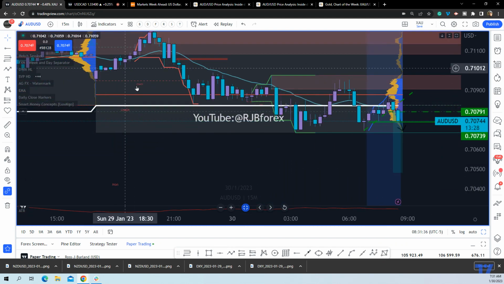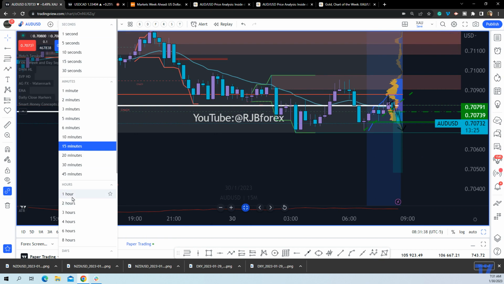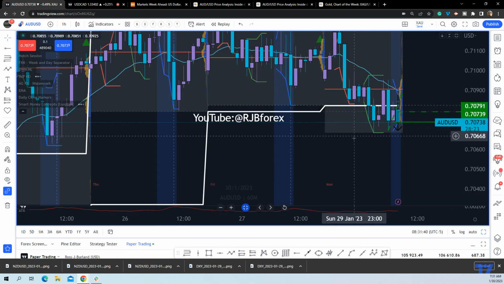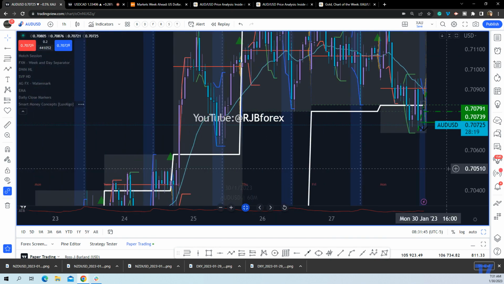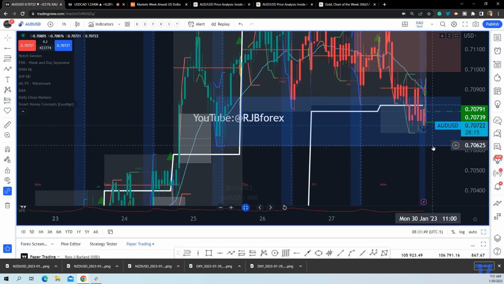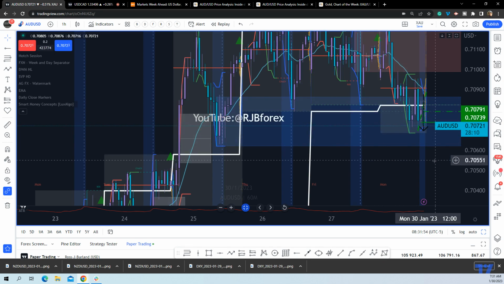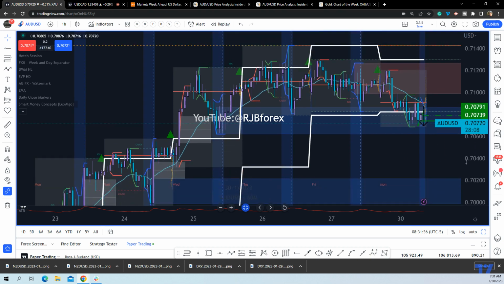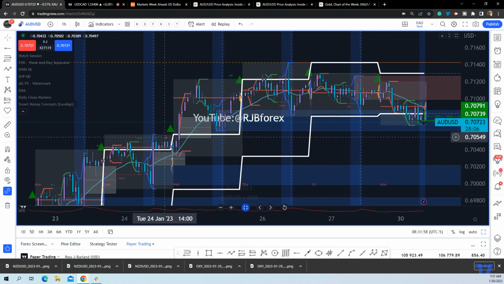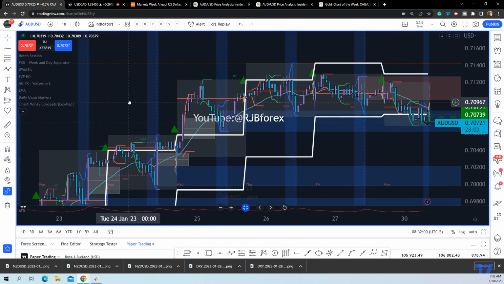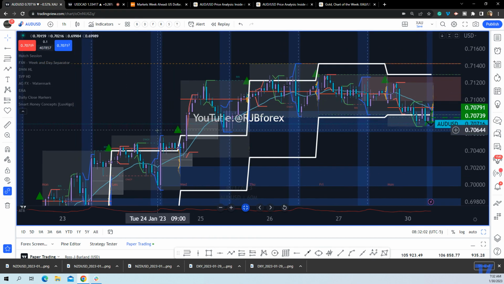And we'll just go and check out our 70.50 level. We've got 70.60s as a cluster of support, but down into here we have last Tuesday's highs, 58.